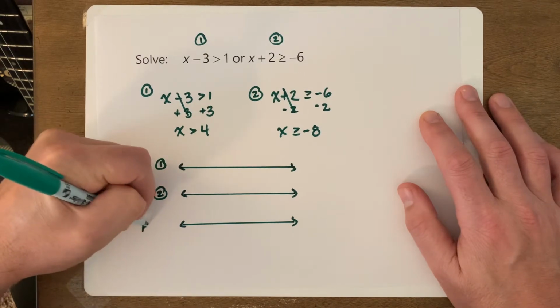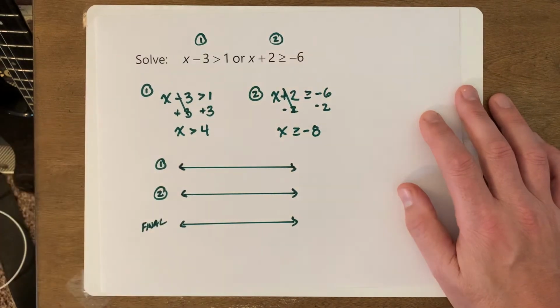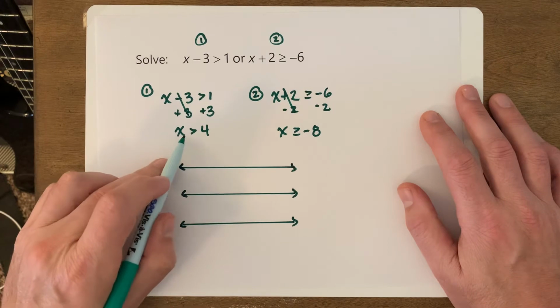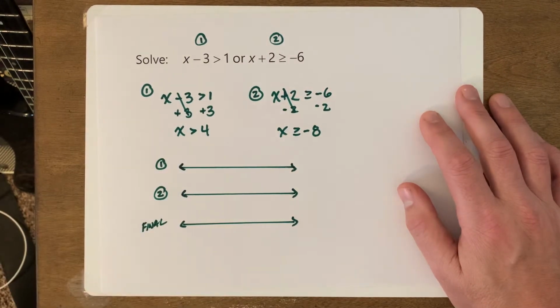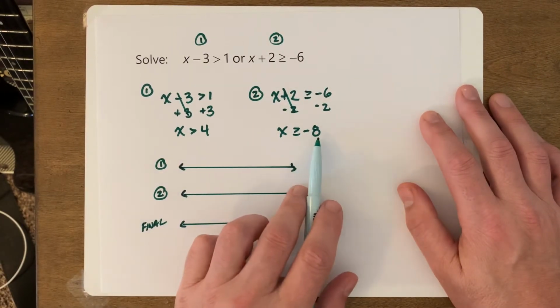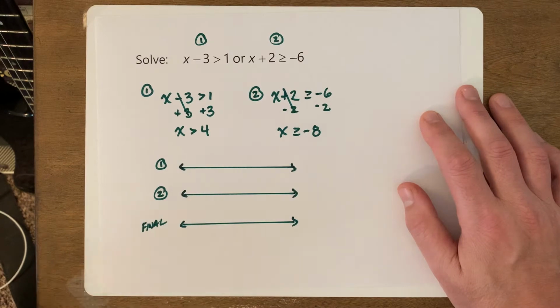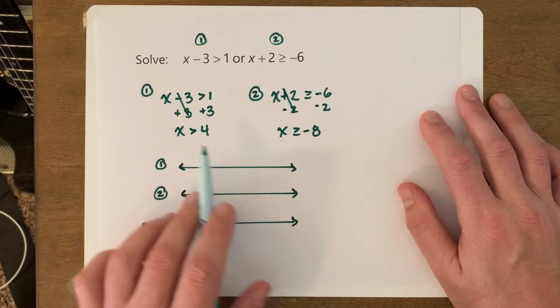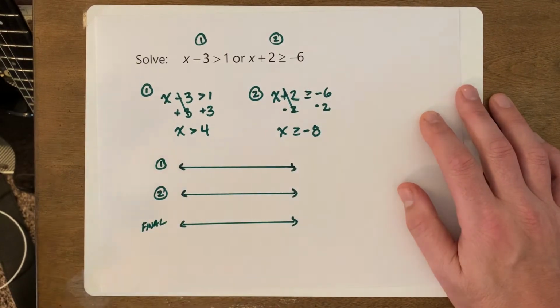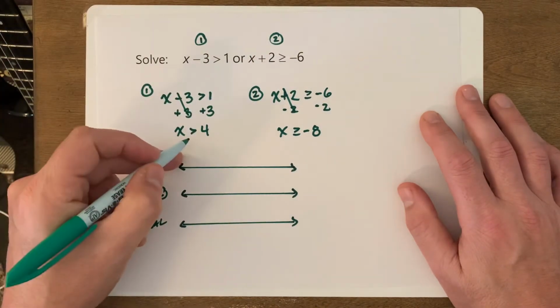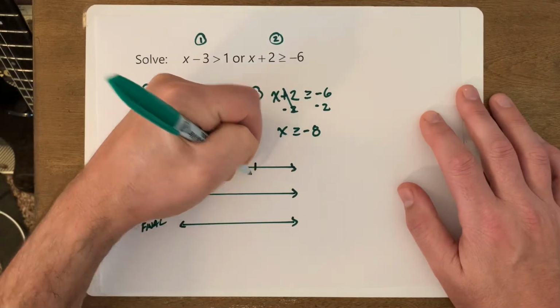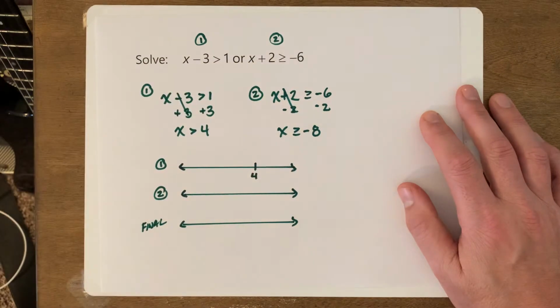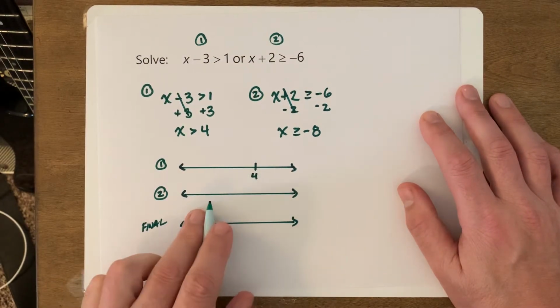So, final. The first one is all real numbers greater than 4. Over here I've got a negative 8, so I want to accommodate both of these on all 3 number lines. I'm going to put the 4 a little bit over on this side, and for the second one, I'll put the negative 8 to the left of it.